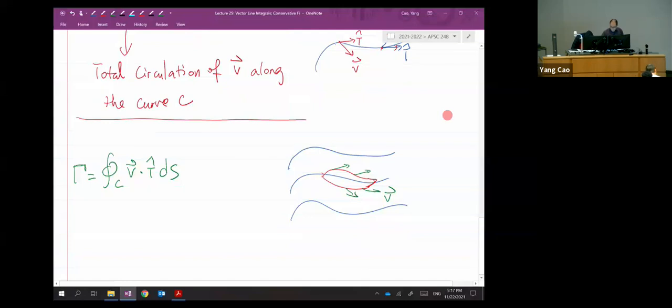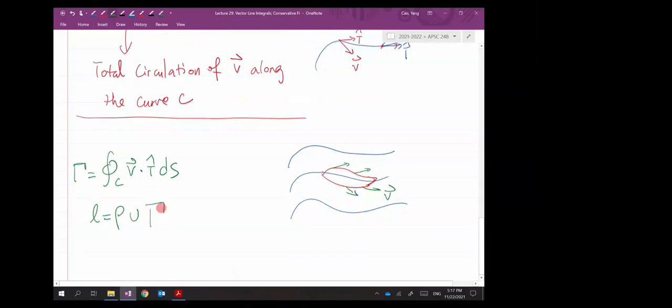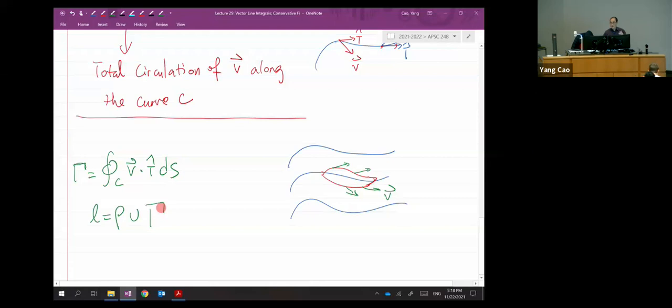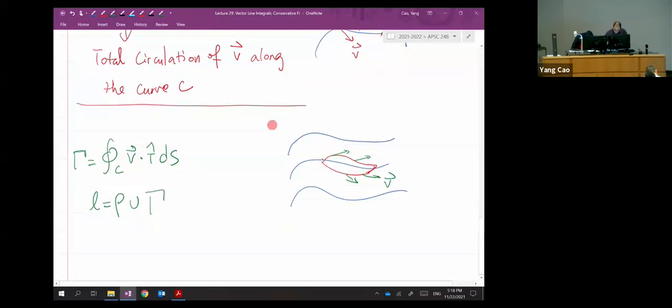Then there's a very famous theorem called the Kutta-Joukowski theorem. In that theorem you multiply the fluid density rho, then multiply by U, the speed of the body relative to air speed, and then multiply by the result of the vector line integral. Then you get L, which is called the lift force over this airfoil.